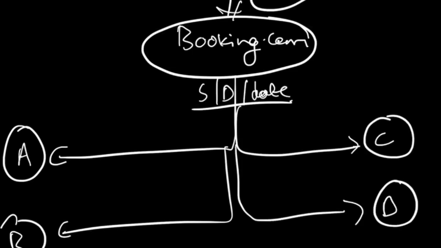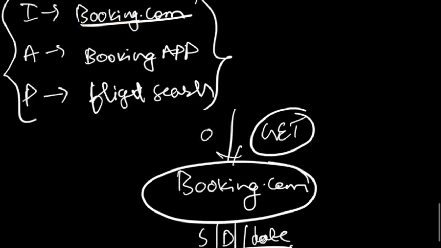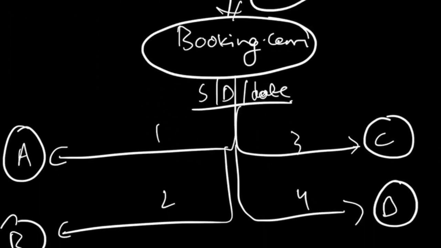So you are making, let's say, the 0th API call here. So it in turn makes 4 API calls, and it gathers all this information from these different airlines, and it in turn gives you back the response.